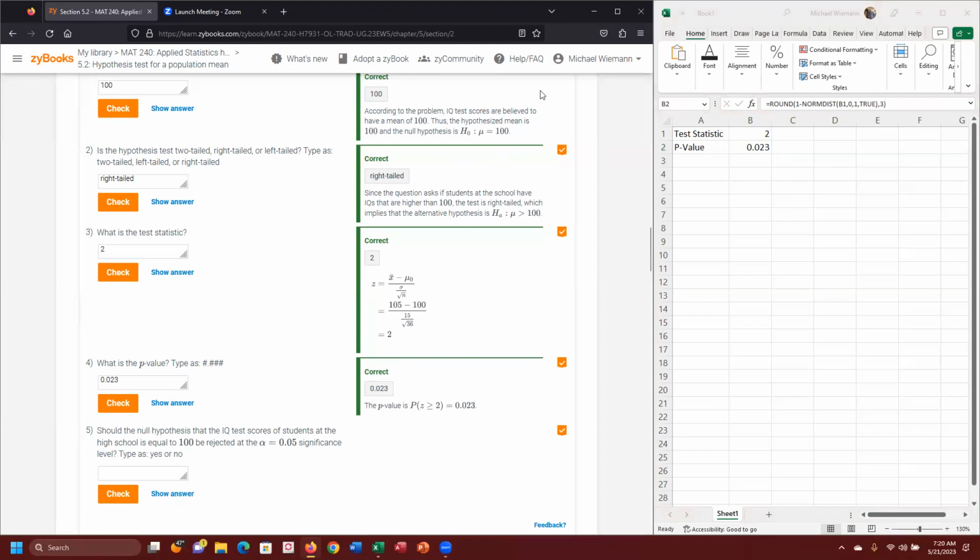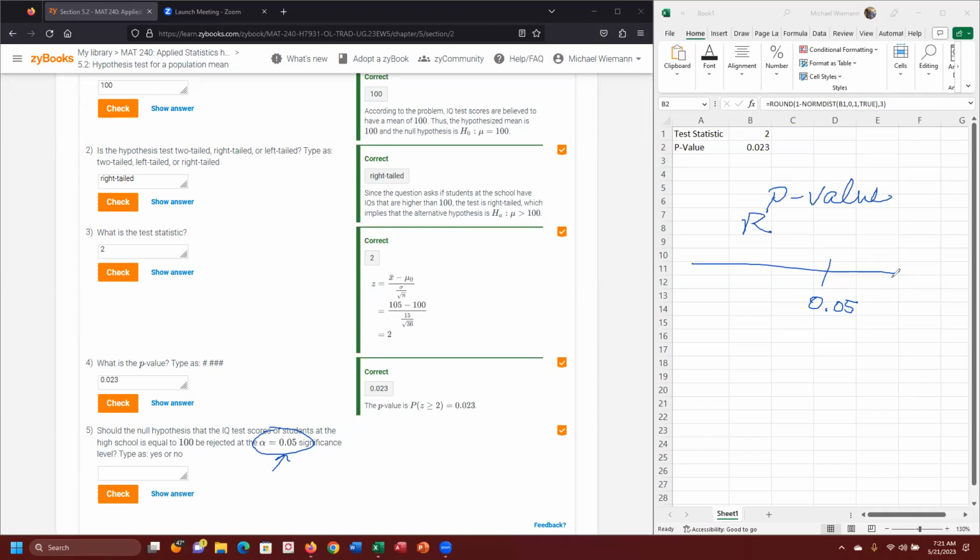Now, I need to do a visual here to show you what's going on relative to whether we reject or fail to reject. So I'm going to draw a line here. Inside the problem, it tells us this alpha, which is the level of significance. The level of significance is 0.05. Now, from a p-value perspective, if the value is less than 0.05, we reject the null hypothesis.